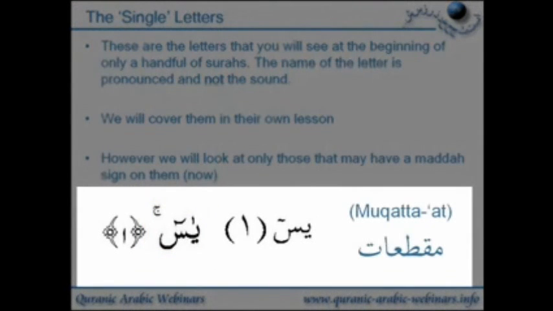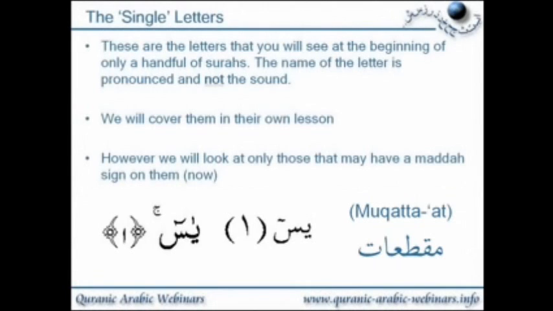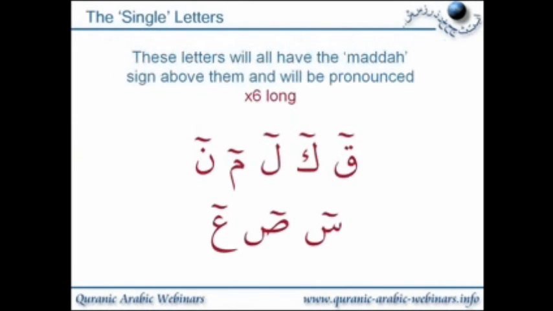Okay, now these single letters are actually called the muqatta'at. Okay, so they're separate letters, or the single letters, and we'll cover that in a separate session. Just for our knowledge though, these letters that you can see are the ones which will be written on their own.